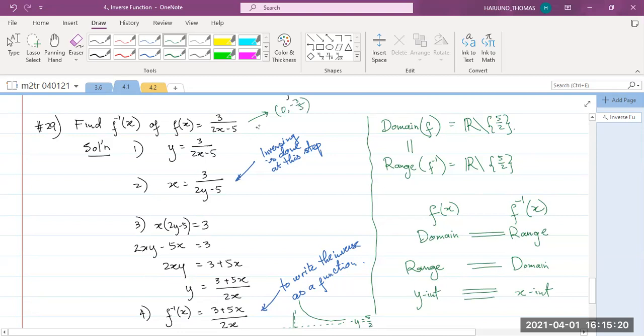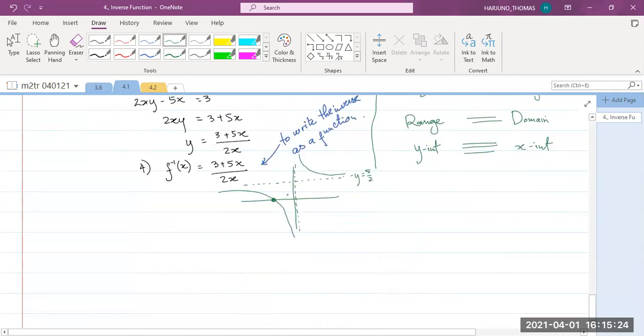The x-intercept of the inverse is (-3/5, 0). Remember that we swapped the x and the y? That's what happened. The x-intercept becomes y-intercept, and y-intercept becomes x-intercept.